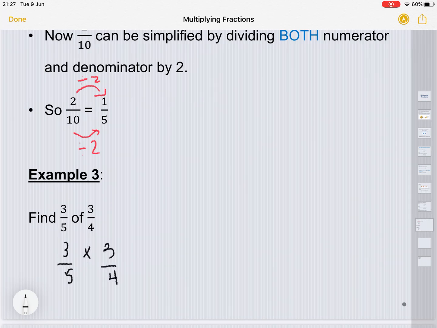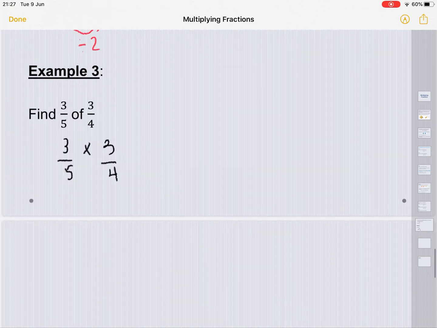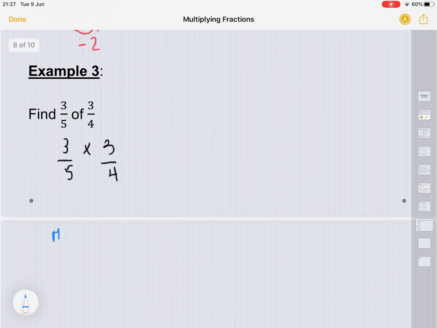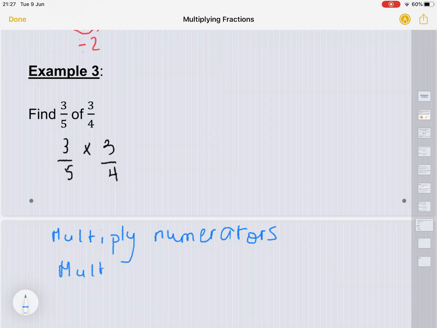Now what I'm going to do is multiply numerators, and multiply denominators.